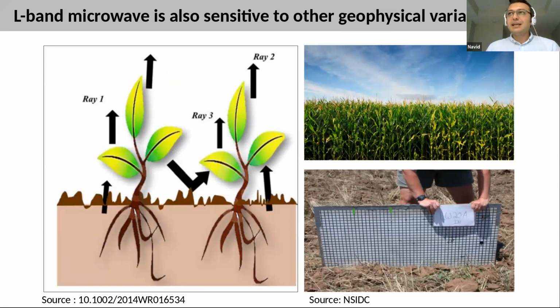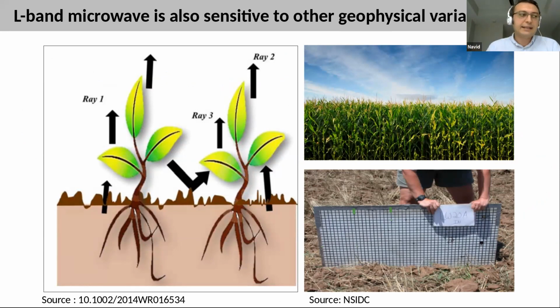The other issue is that soil moisture, or the brightness temperature observations, is affected by vegetation water content. Vegetation water content is the water that exists in the stems, leaves, and structure of the vegetation and plants.